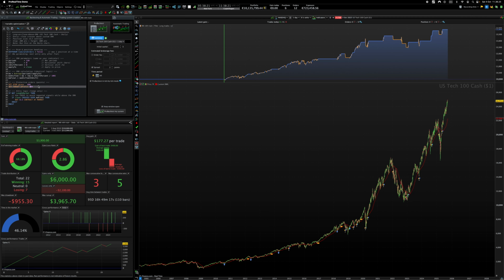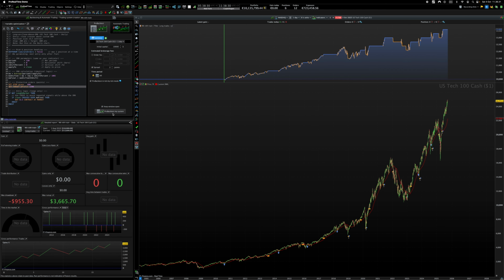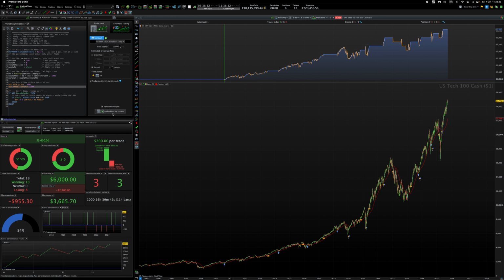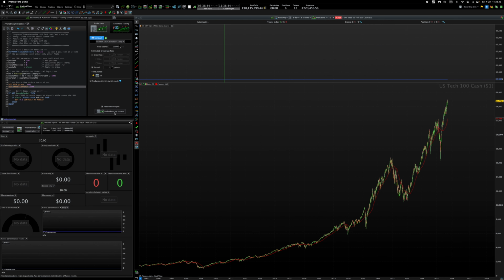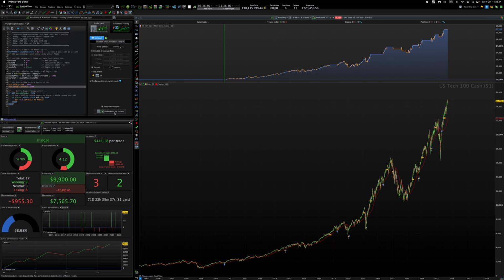Let's bump it up and say 1,200. Not a whole lot of change. Let's just see if this actually is working or not. And it is.